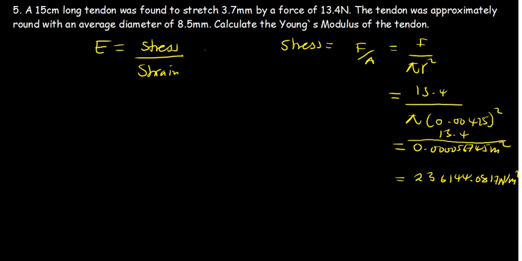Now that we know the stress, what of the strain? Strain is given by change in length over actual length. And the change in length, the 15 centimeters tendon was found to stretch by 3.7 millimeters. So that is the change in length, 3.7. Now this one is given in millimeters. Let's convert to meters.